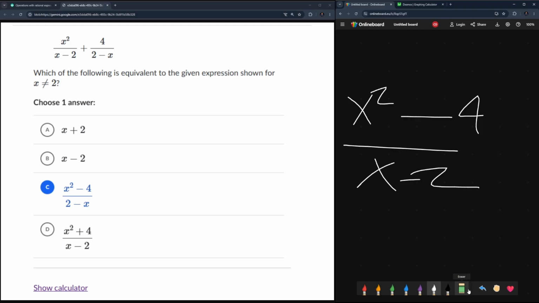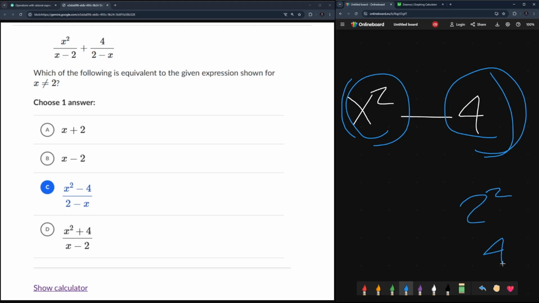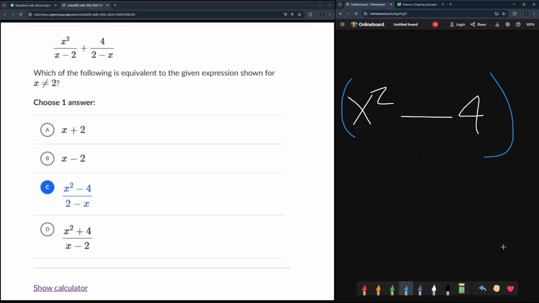This is where the concept comes in. We have to realize that whenever we see a short expression like this, and there's a letter that's perfectly squared, and there's a number that can be perfectly squared, that means this 4 can just be 2 squared. So that number can be perfectly squared. What I just learned is a difference of squares, because we have a minus.